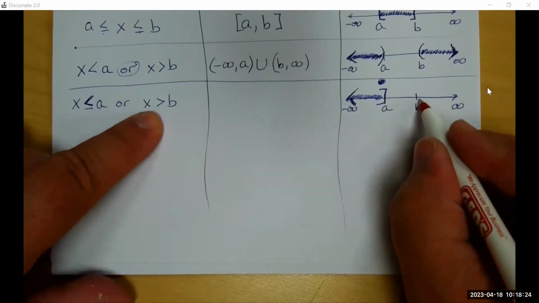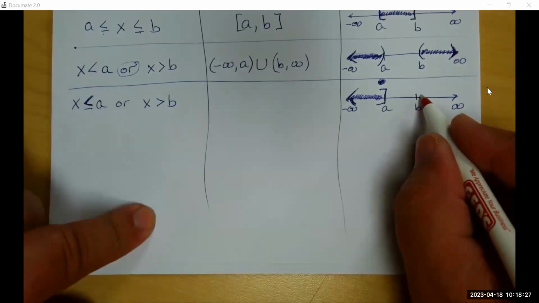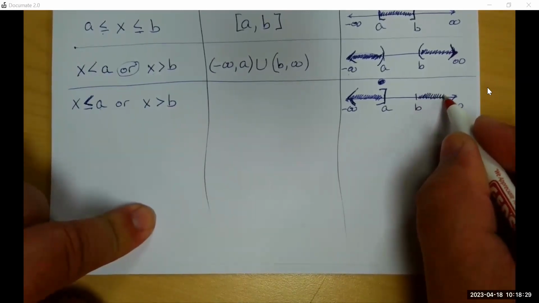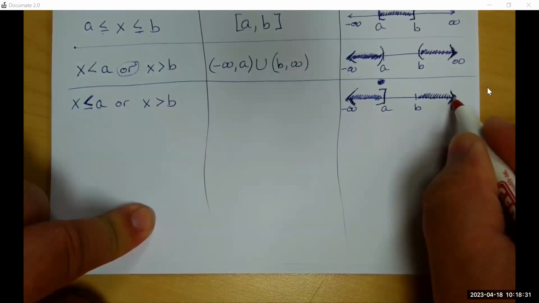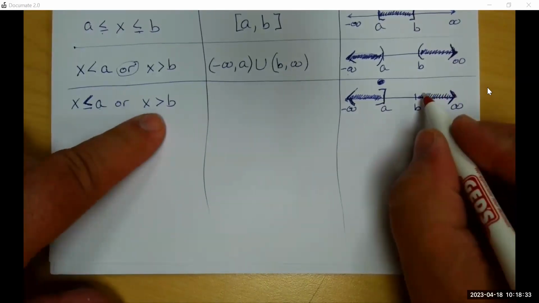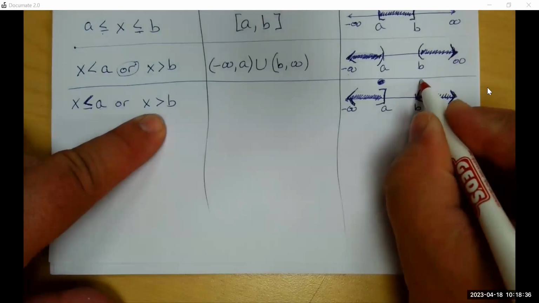From B, the arrow is pointing to the right, so it goes to the right. And there's no equal sign, so it's parenthesis or an open circle.